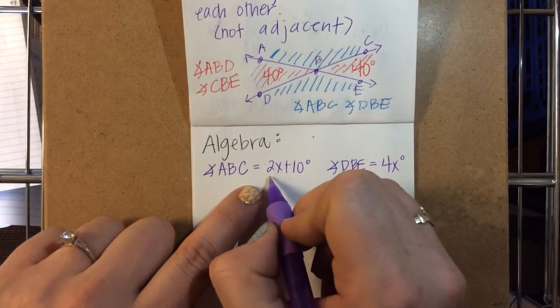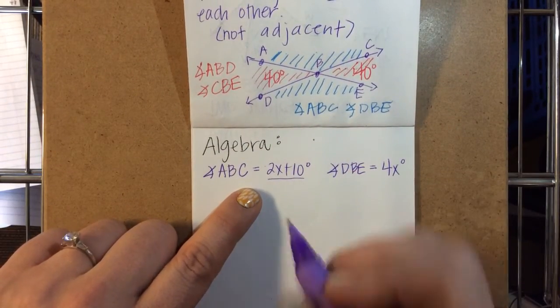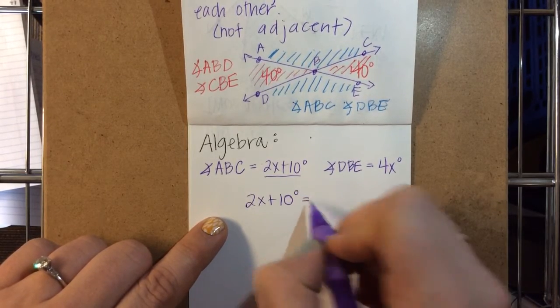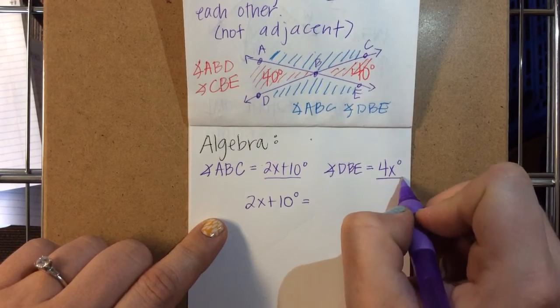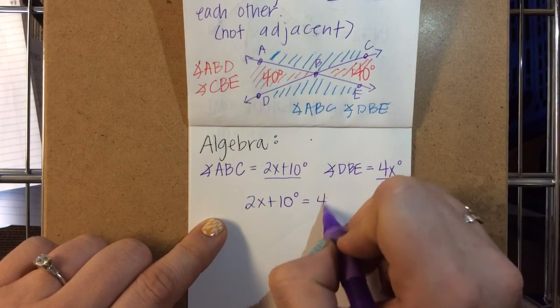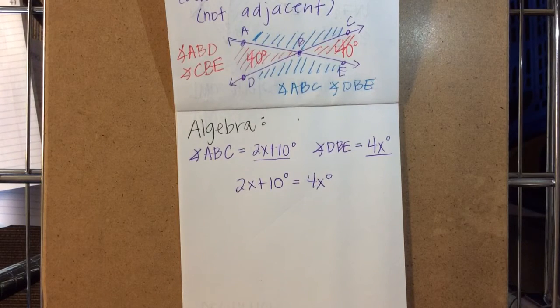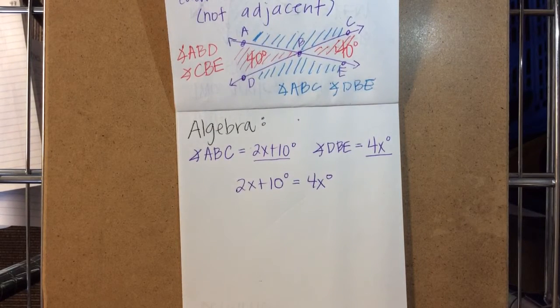So I can set this angle equal to this angle. How come I can set them equal to each other? Because they're vertical angles. And vertical angles, by definition, are equal.